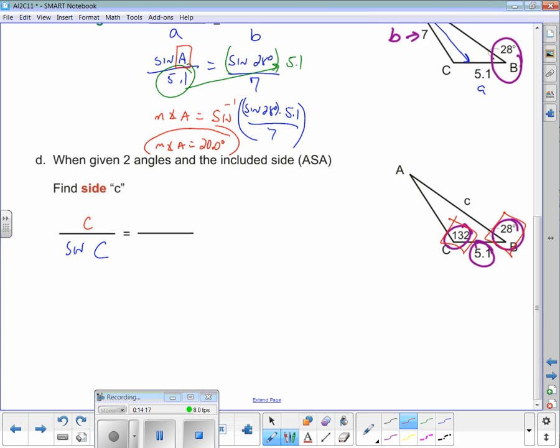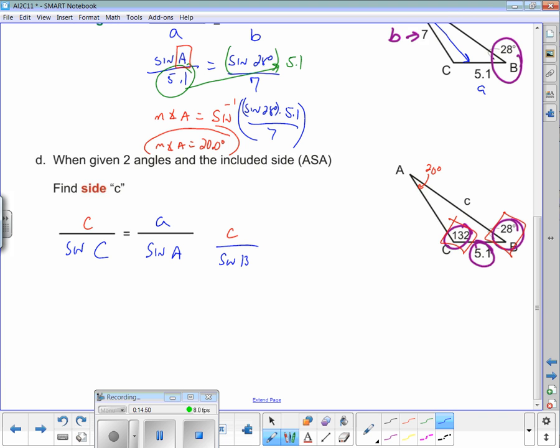Angle C is 132 and angle B is 28. That gives me 160. Therefore, angle A has to be 20 degrees. Okay? Now that you had to figure out. So that allows me then to finish the proportion with side A over the sine of angle A. There's my proportion. I'm going to go ahead and solve this to the left here for room's sake.